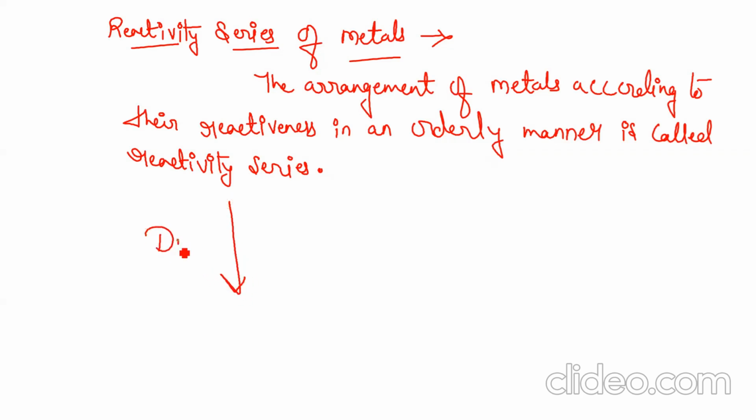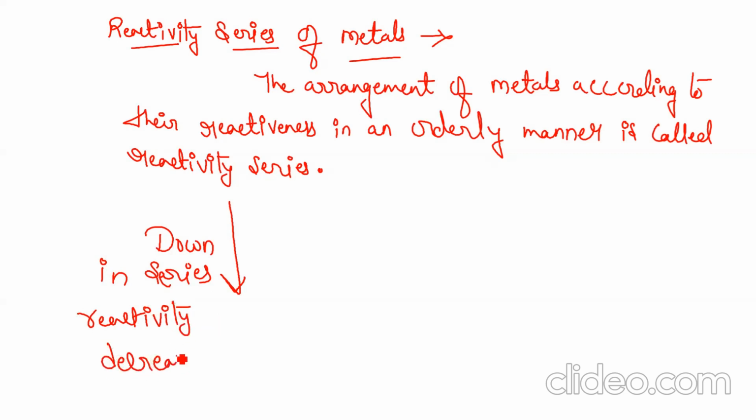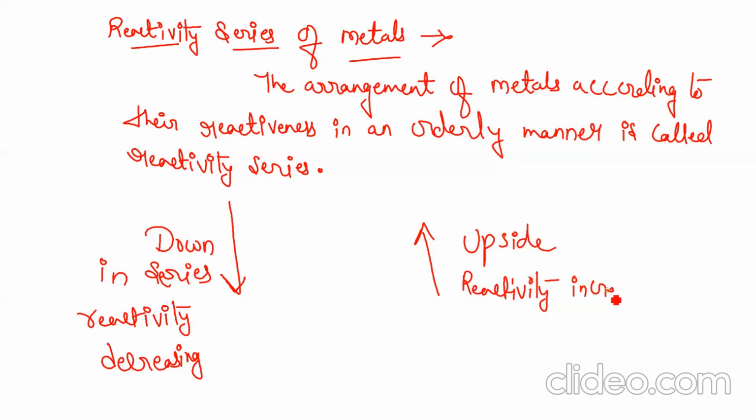As we go down in the series, the reactivity of the metals will be decreasing, while as we go upside in this series, the reactivity will be increasing. This will be seen here in this reactivity series.